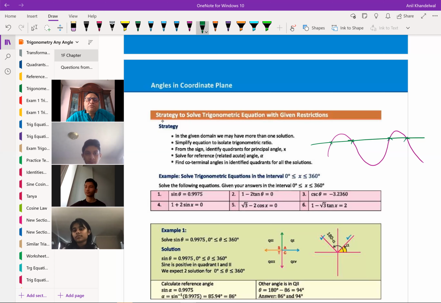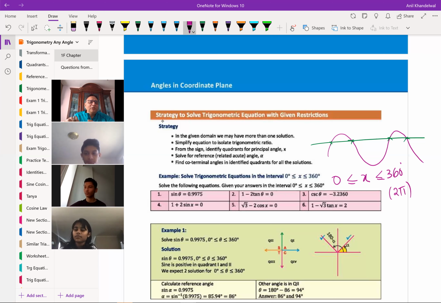Now, many times we are only interested in a limited set of solutions. Normally when we begin, we try to figure out the solution in an interval where the angle theta, or sometimes the independent variable x, is between 0 to 360 degrees, right? Those of you who are working in radians will say from 0 to 2 pi radians, correct? So that is one full circle, as you said, a unit circle.